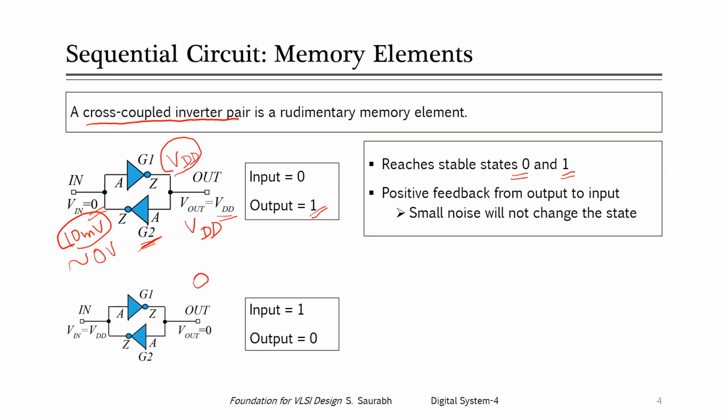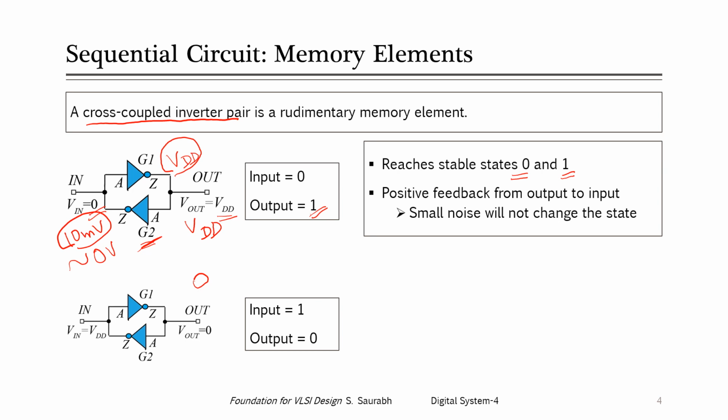If the input was changing slightly away from the ideal value of 0 volt, the feedback mechanism will force it to go towards 0 volt, and therefore this condition, input 0 output 1 and input 1 output 0, is a kind of stable state.